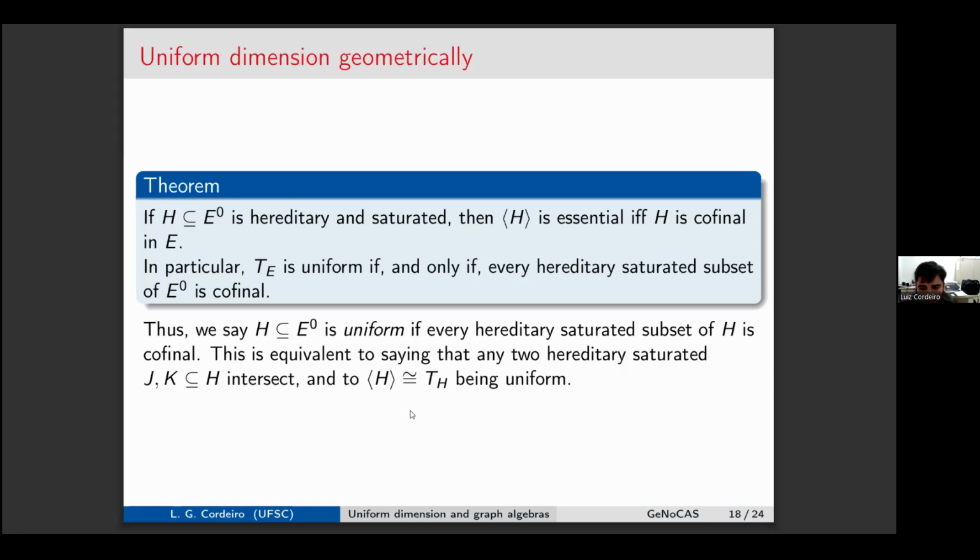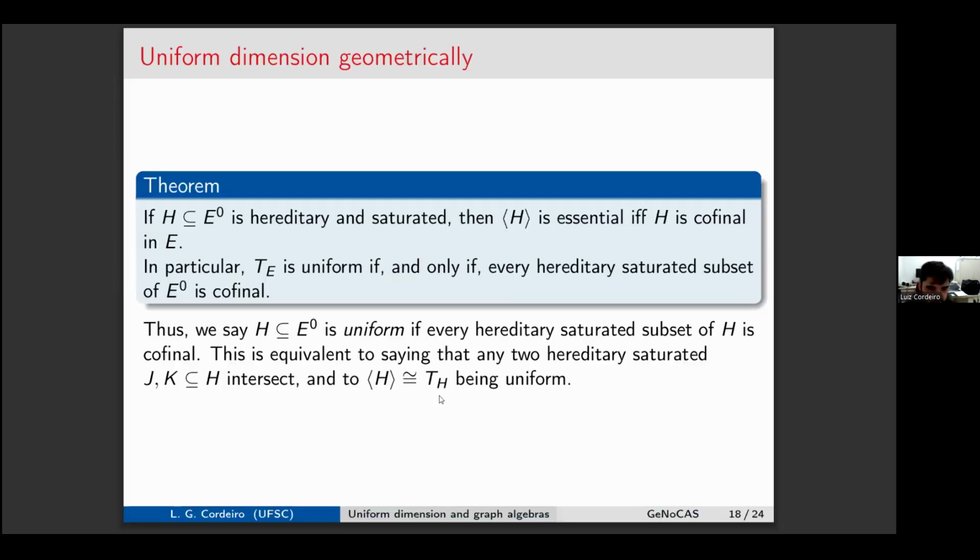So it's the full subgraph of E with vertex set H, the full subgraph generated by H. So we're using a shorter notation here.